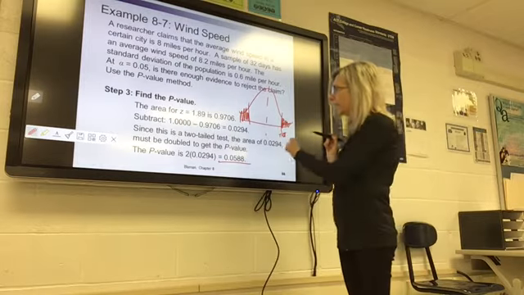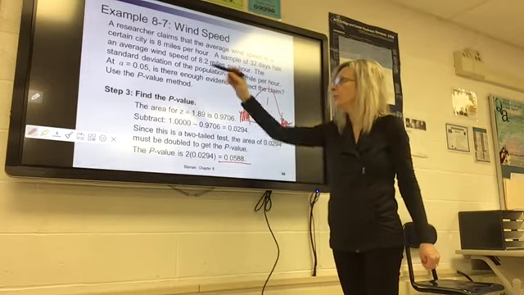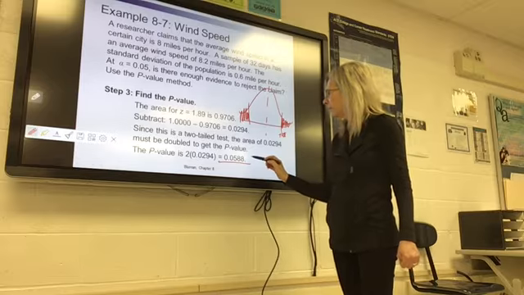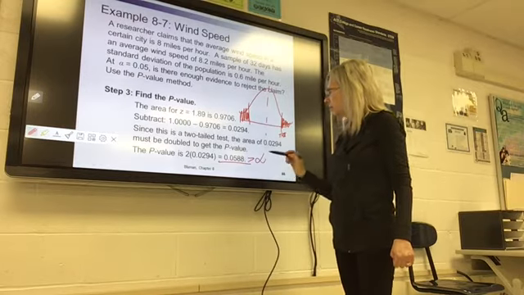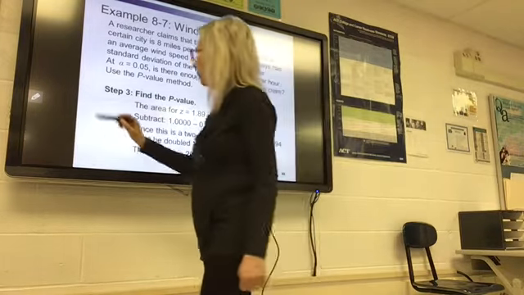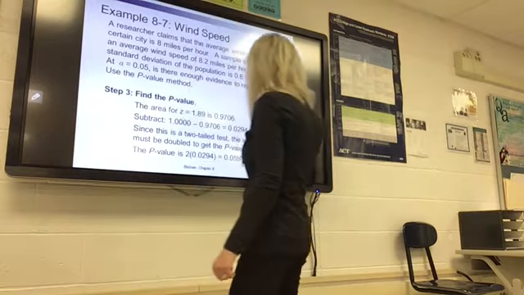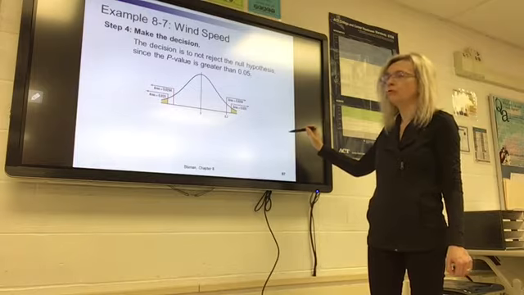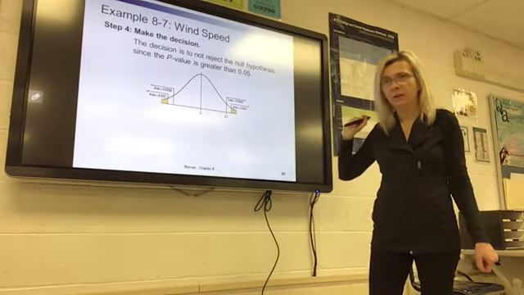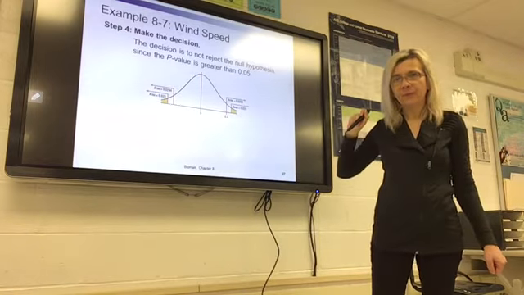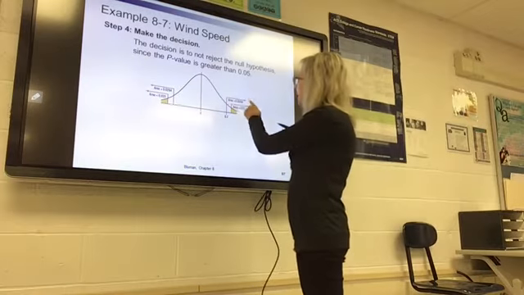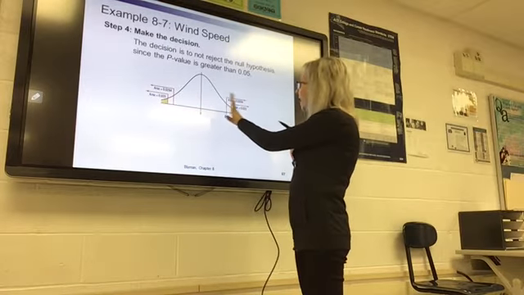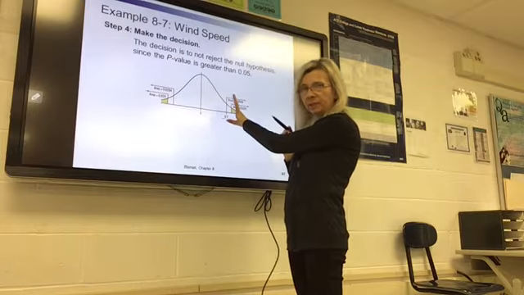So now this is what we're comparing to our alpha. This one is bigger than alpha. Okay, so if it's bigger than alpha, that means we do not reject the null. Because as you can see, it comes out of the tail, it's right here.